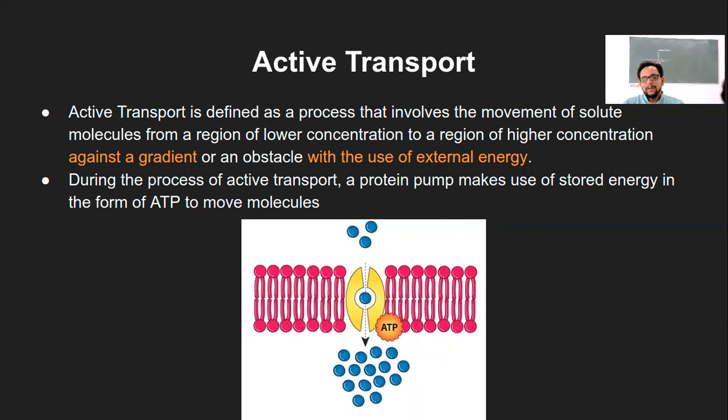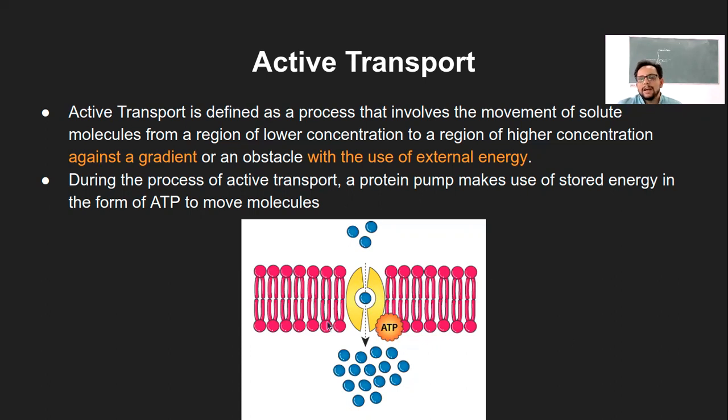And for this process to happen, it will need some energy. So that is why it will use external energy. Now, the why and how of this whole active transport we'll see consecutively in the next slides. So during this process of active transport, a protein pump makes use of stored energy in the form of ATP to move the molecule.